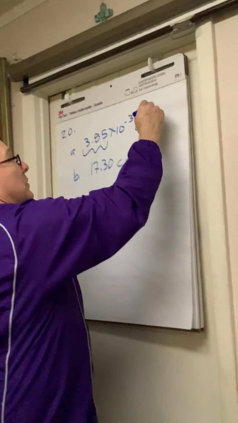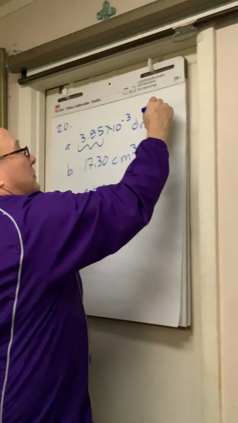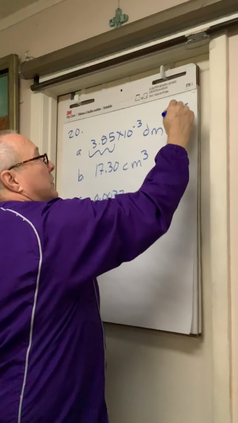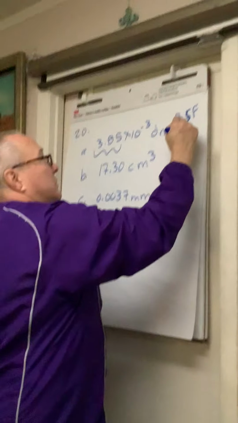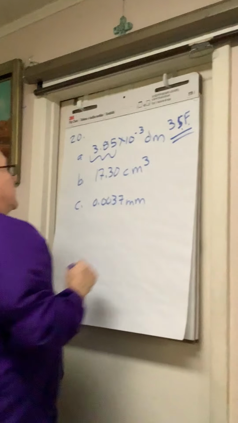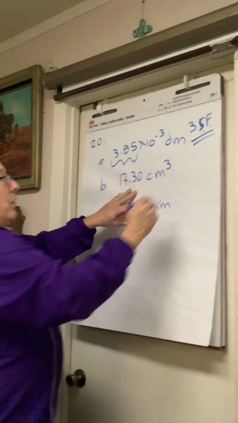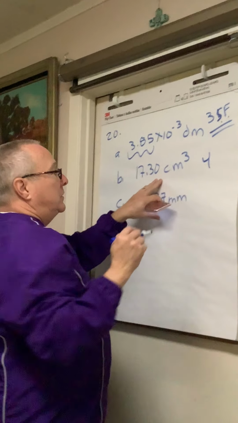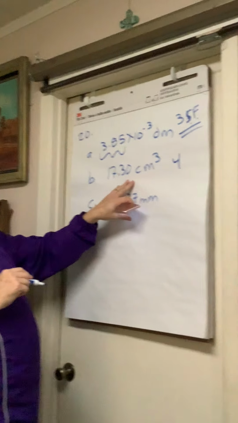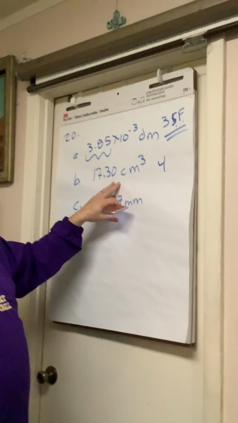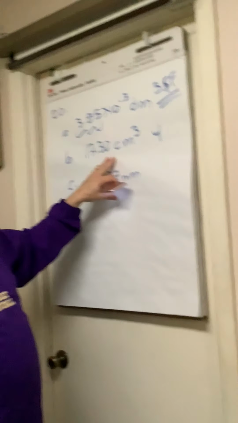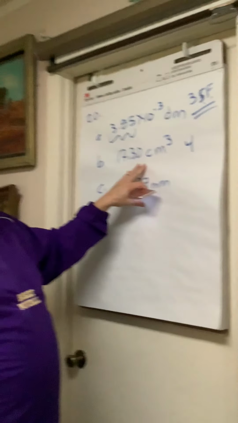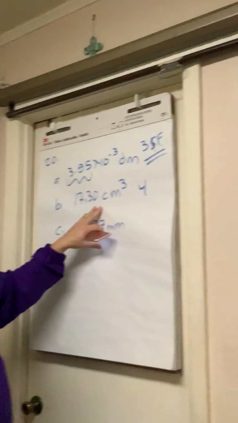So this has 3 sig figs. Sorry, I started making it an F when I wanted to draw my S. 3 significant figures. That's your answer. This has 4. And you might say, wait, aren't zeros to the right not significant? If they're to the right of the number but to the left of the decimal point, yes. But that's too hard of a rule to remember.